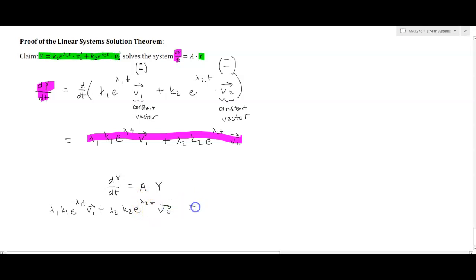And now I'm going to say equals with a question mark over the top, because I haven't proven that these two things are equal yet. I'm just testing to see if they are. Equals A times y.